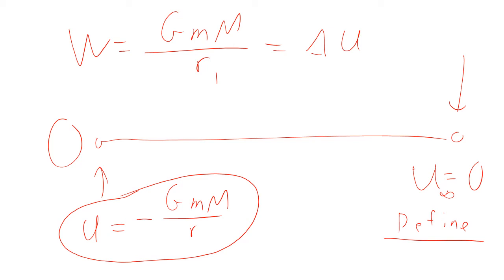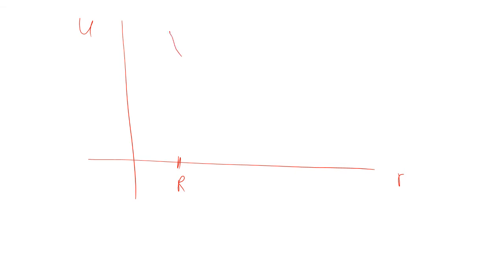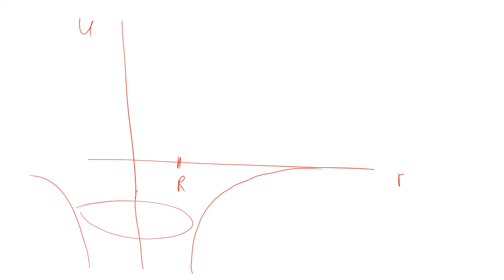So this is my potential energy right here. If you were to graph it, you have potential energy versus r. You start at the surface of an object, and as you go out it's negative, asymptotically approaching zero. If you imagine doing this in three dimensions in all directions, it's like a big well, and that's why we refer to this as a potential well. You've all seen these pictures of black holes that look like funnels.